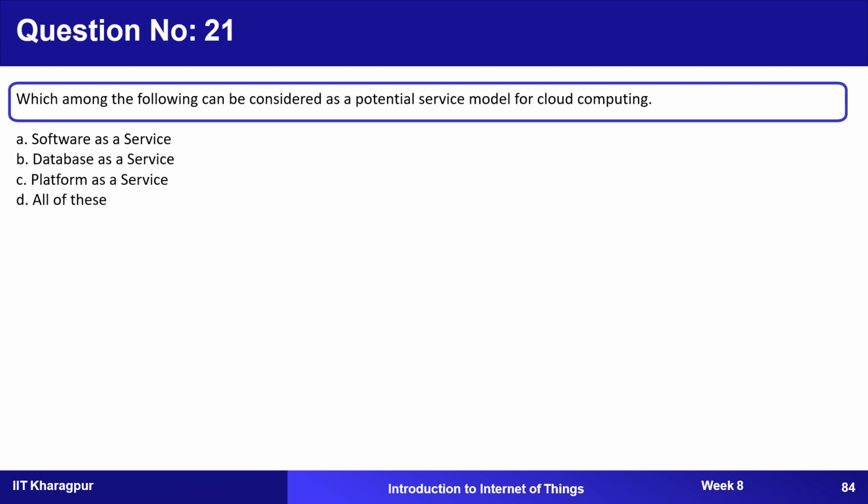Next question is, which among the following can be considered as a potential service model for cloud computing? Options are software as a service, database as a service, platform as a service, all of these. Anyone?